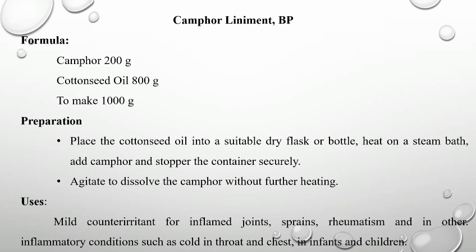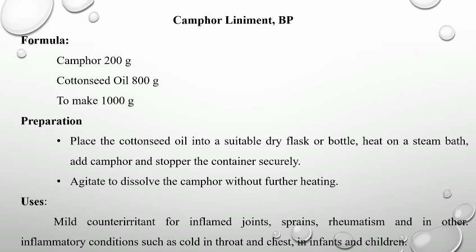For the preparation, we have to take camphor and cottonseed oil. For 1000 grams of liniment, we have to take camphor 200 grams and cottonseed oil 800 grams. During the preparation, first we have to take the cottonseed oil in a dry flask and keep it in a steam bath. After the cottonseed oil is completely heated, we have to add the camphor, stopper, and close the container securely.